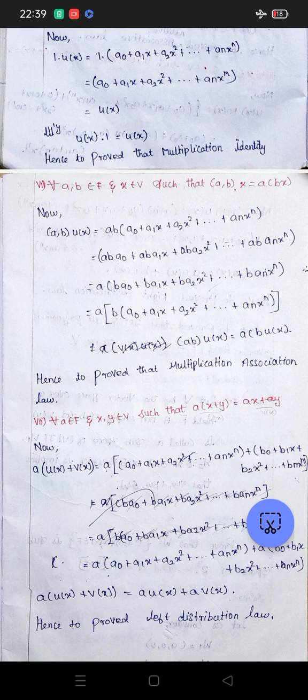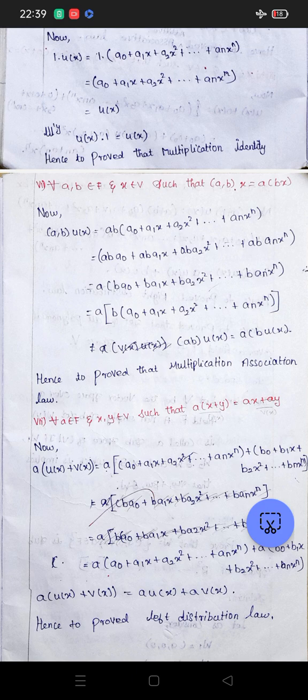Now (ab)u(x) is equal to ab, the scalars, into u(x), the polynomial a0 plus a1x plus a2x square, etc., an x power n. You can multiply with the two scalars ab: ab a0 plus ab a1x plus etc., ab an x power n.